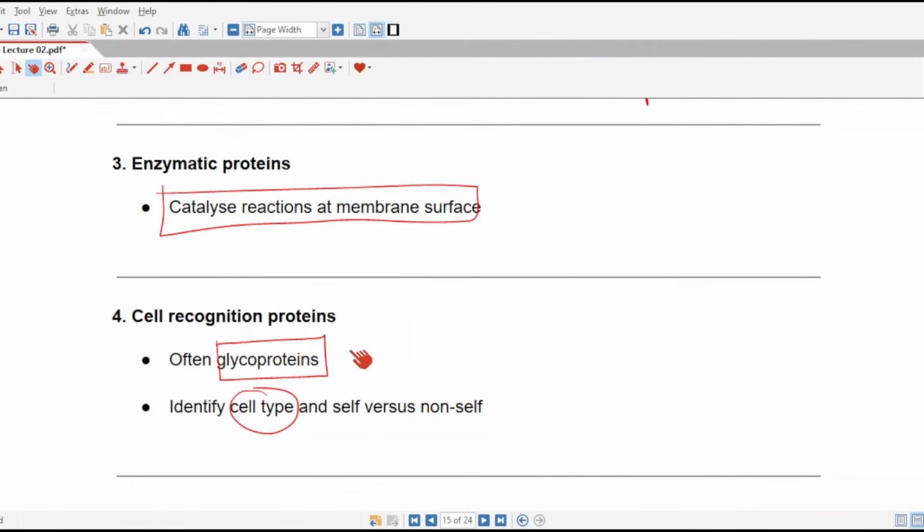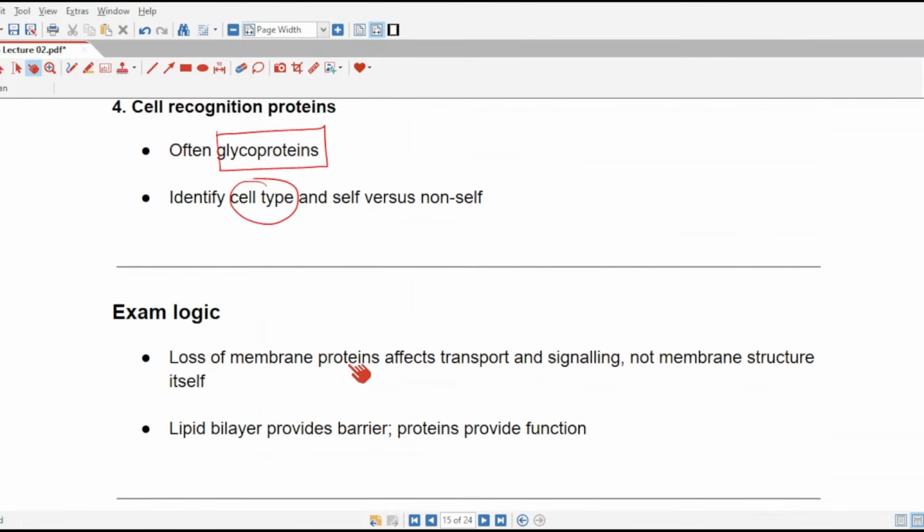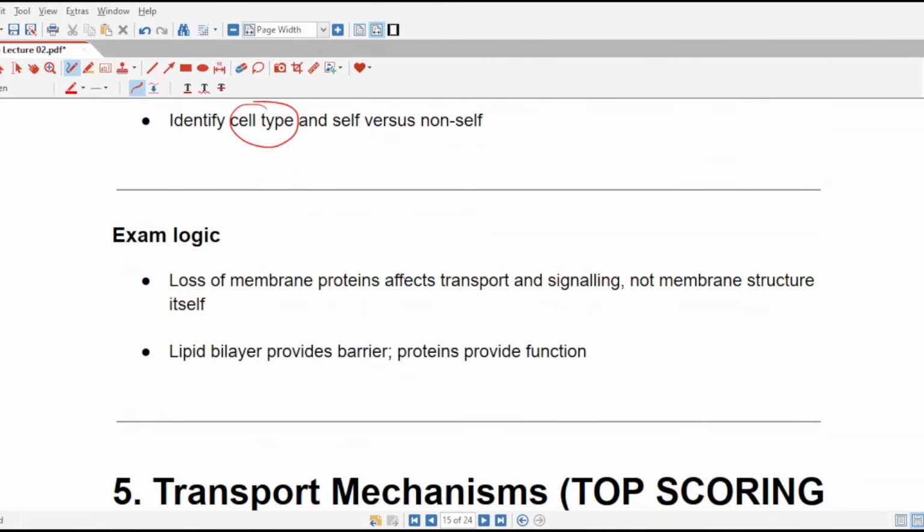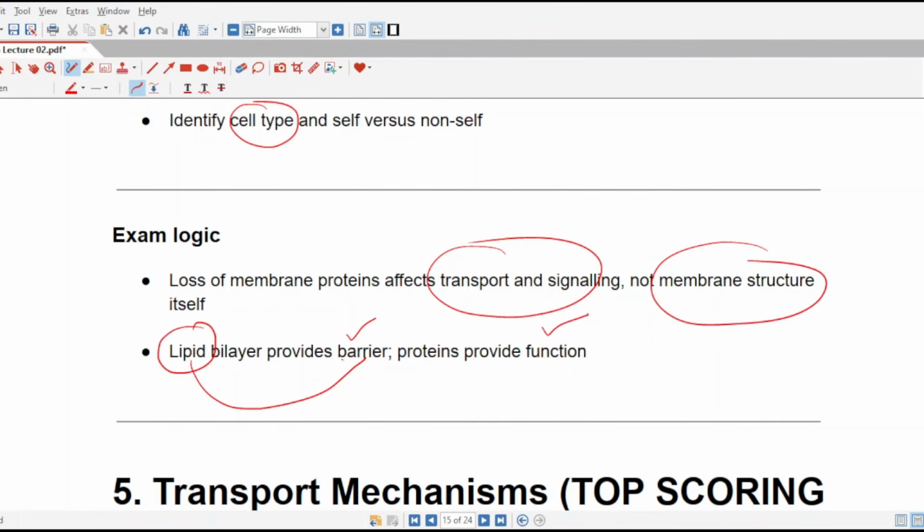That's why our body's defense mechanism is very strict when it comes to identifying or recognizing antigens. Exam logic: loss of membrane proteins affect transport and signaling, but not membrane structures. Lipid bilayer provides barrier, proteins provide function. Very important. Lipid works as a barrier and proteins provide function.